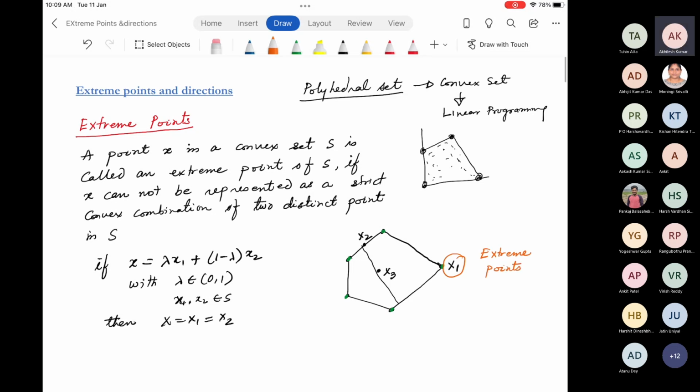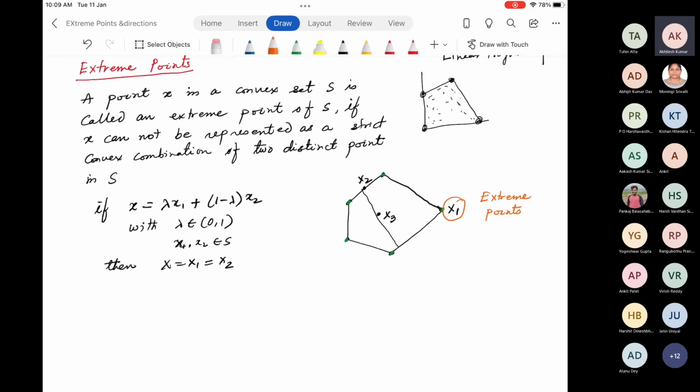Another example could be S equals x1, x2 such that x1 squared plus x2 squared is less than or equal to 1. Suppose this is a set. What does it represent? A circle, with points inside and on the circle.